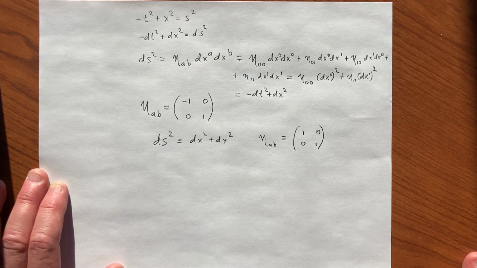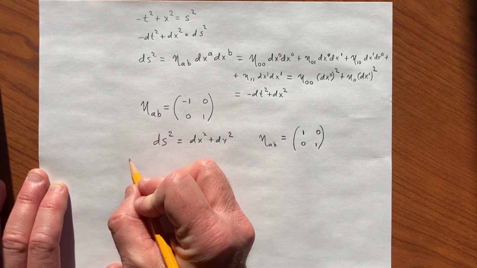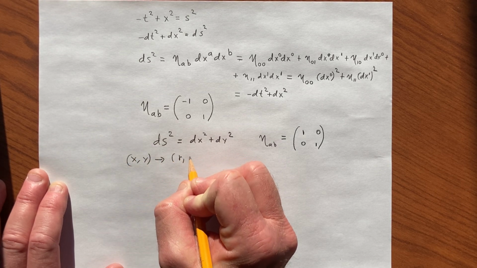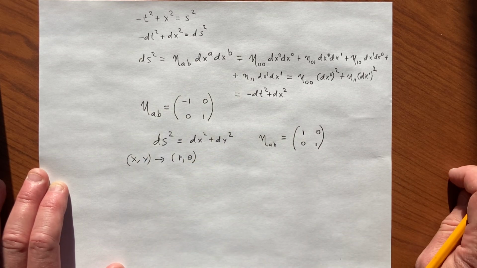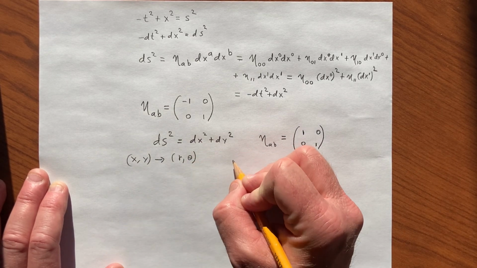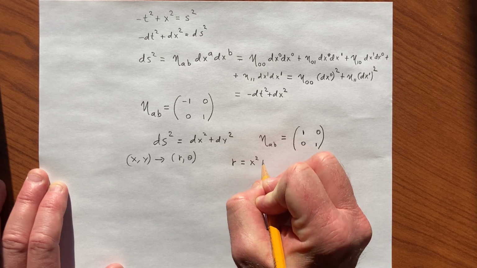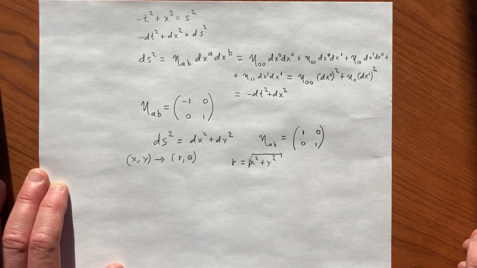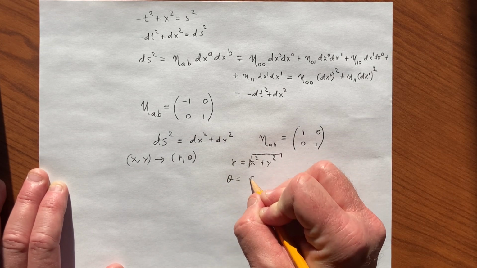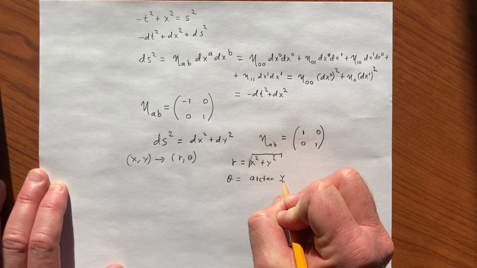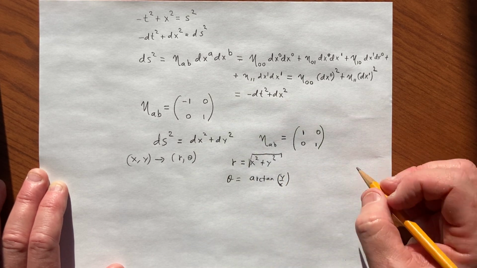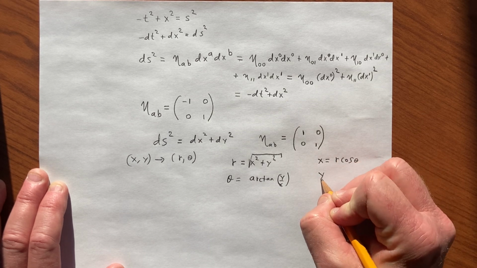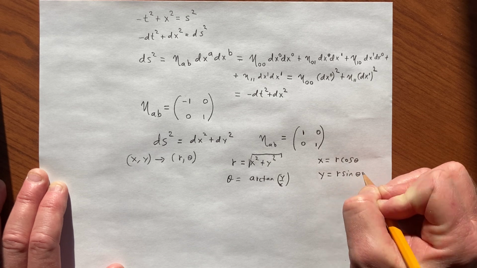And now we can imagine changing coordinates. So let's imagine changing from xy coordinates to our r, theta coordinates, where r is, of course, just the square root of x squared plus y squared. And theta is the inverse tangent of y over x, where r is equal to r, x equals r cosine theta, y equals r sine of theta.